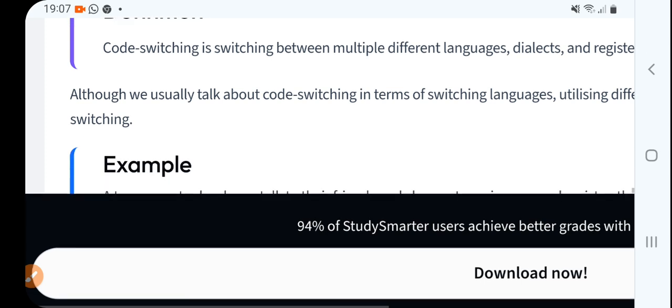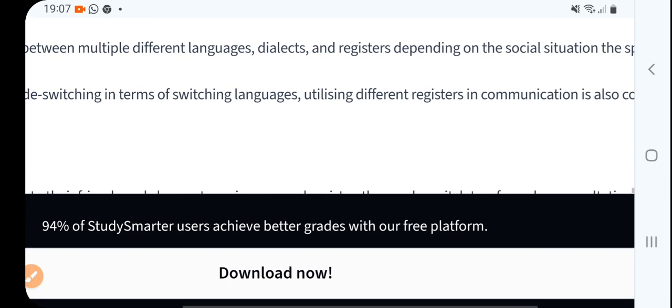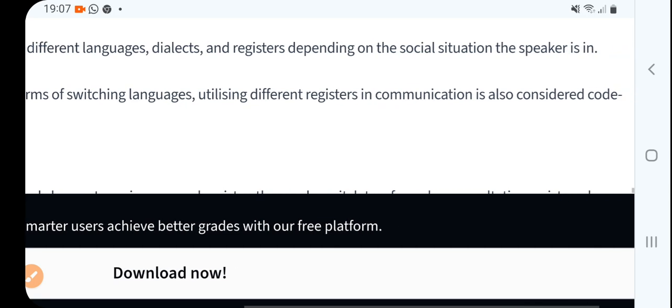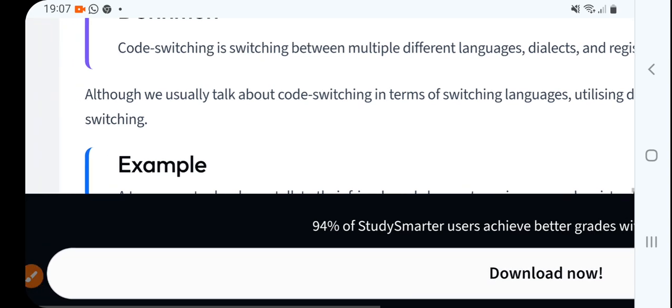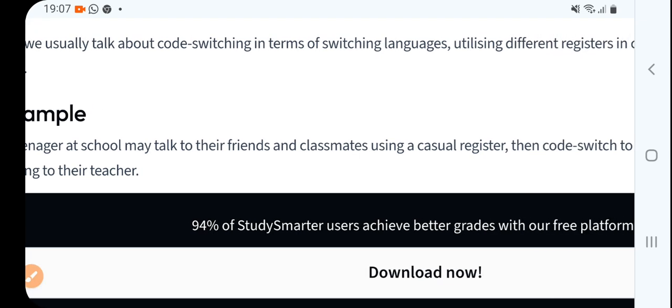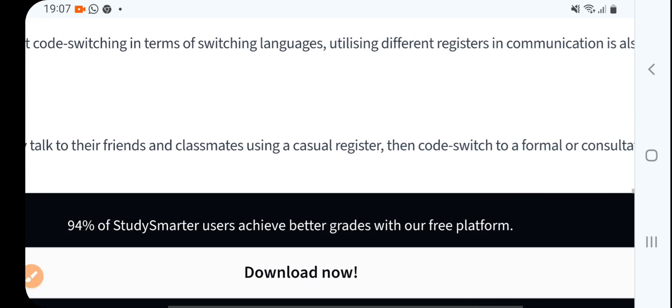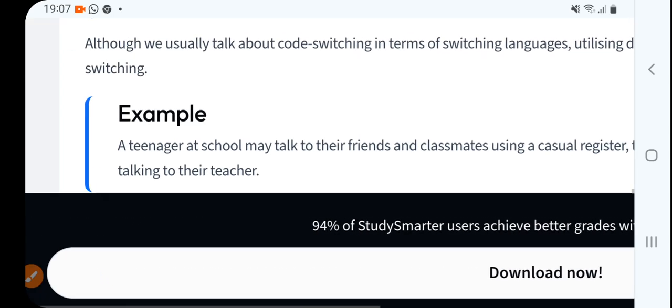So code switching is switching between multiple different languages, dialects and registers depending on the social situation the speaker is in, right? Although we usually talk about code switching in terms of switching languages, using different registers in communication is also considered code switching, right?